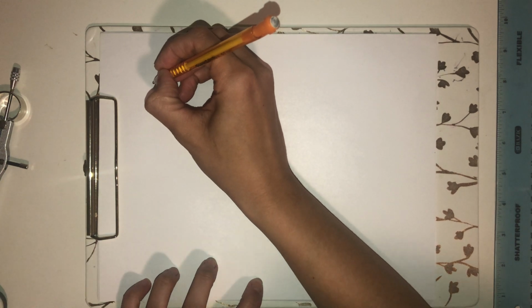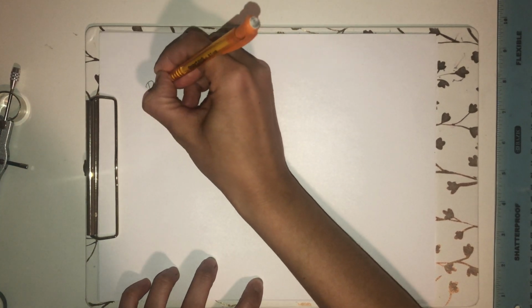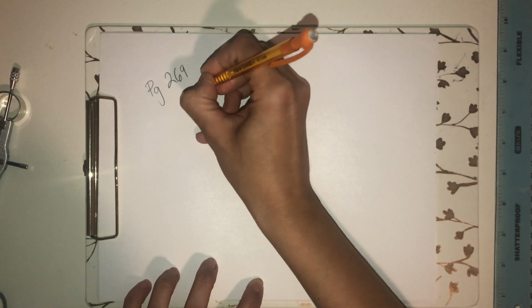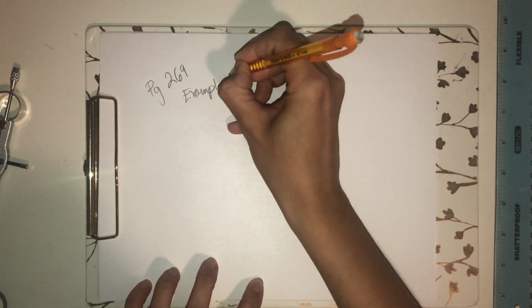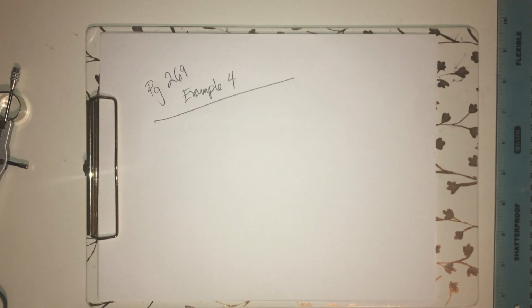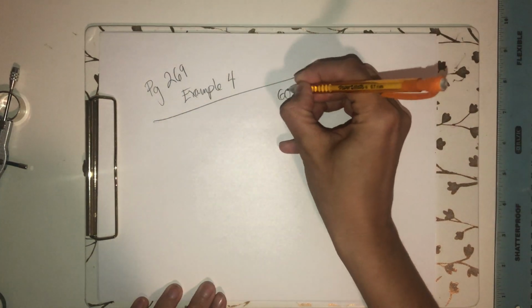Basically I am referring to page 269, example 4. So the instructions are there, but I think it's kind of nice when you can rely on an actual step-by-step demonstration to see how to make a 60-degree angle.